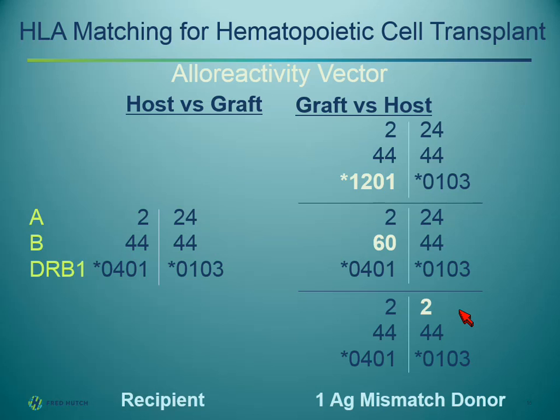The other thing we have to look at sometimes is this question of homozygosity. Keep in mind that when we mismatch, as in this setting here, at a heterozygous loci, so 2 unique antigens at the site, you have both a rejection or host versus graft vector and a graft versus host vector.